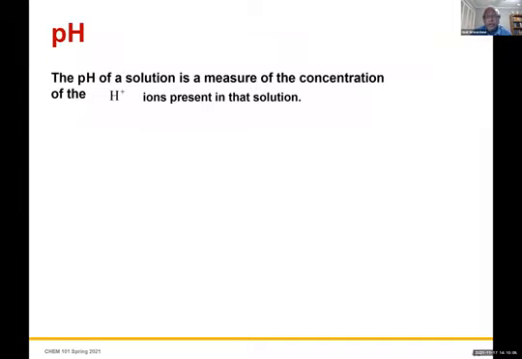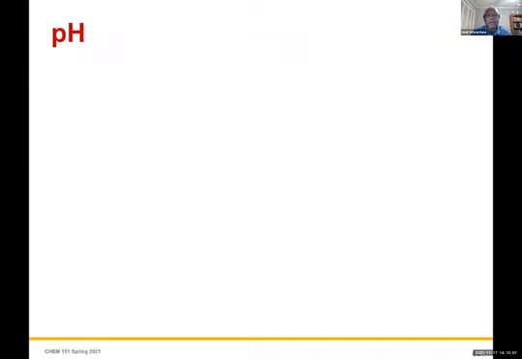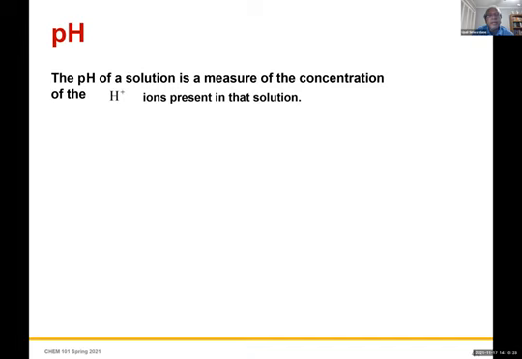Now we're going to talk about pH. pH is a way to show hydrogen and hydronium ion concentration. Hydronium ion concentration mathematically expressed as a number is called pH. The pH of a solution is a measure of the concentration of the hydrogen ion.